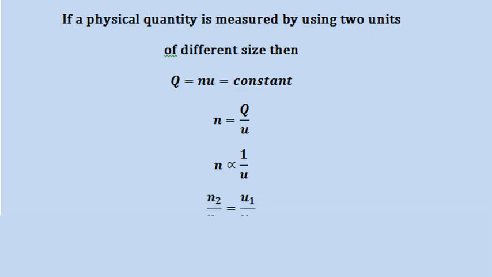Therefore, in case of unit conversion from one system to another, we can use the formula N1 U1 equal to N2 U2, or N2 upon N1 equal to U1 upon U2.